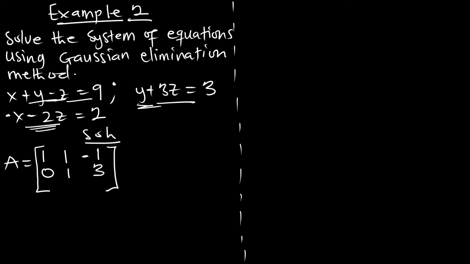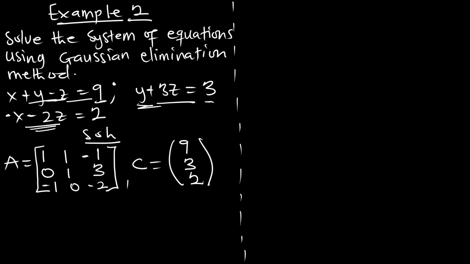The third equation, that is a negative 1, there is no y, so 0 and negative 2 for the z. So this is my matrix from the equation. My c part is also going to be equation 1 is equal to 9. Equation 2 is equal to 3 and equation 3 is equal to 2.